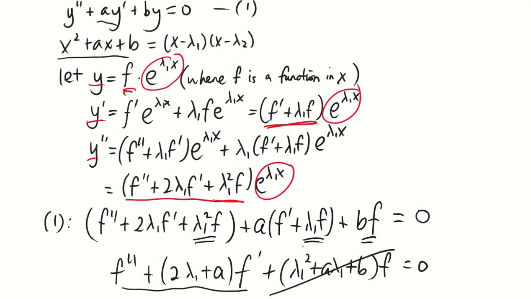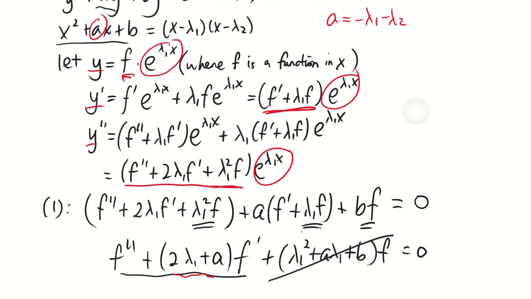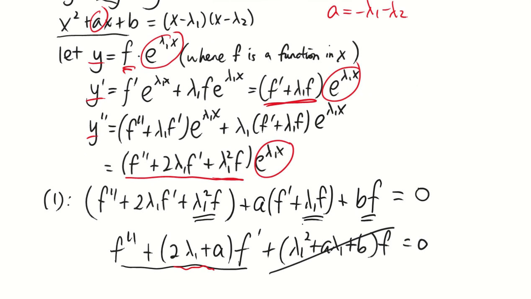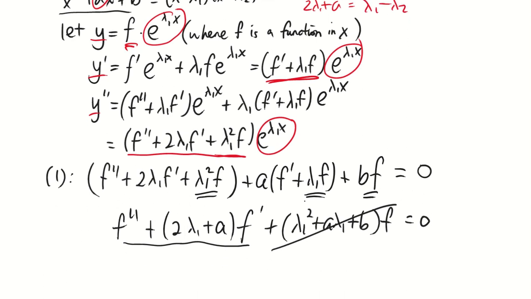And let's see, one more thing. By the sum of roots theorem, a should be minus lambda 1 minus lambda 2. So 2 lambda 1 plus a would be lambda 1 minus lambda 2, right? So we can get rid of the term a.